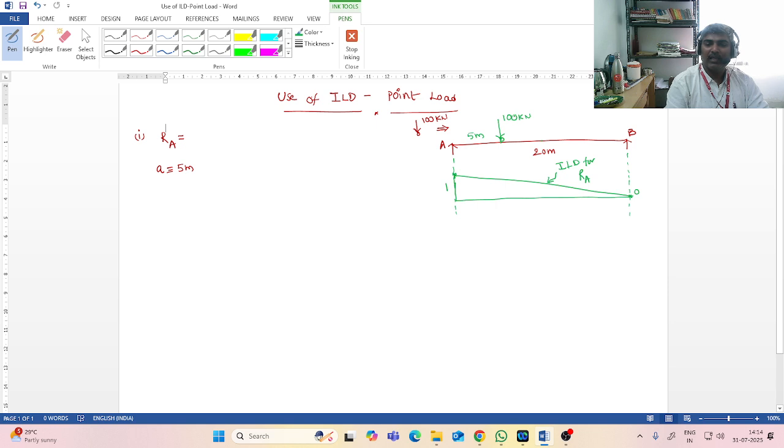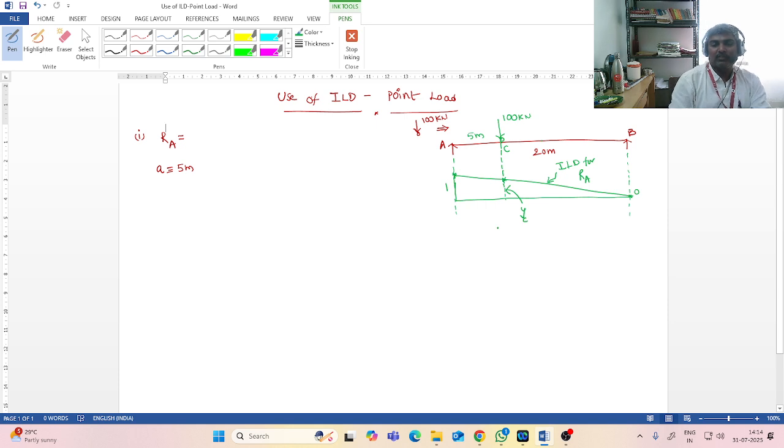Now I have a 100 kilonewton load moving like this, and my question is, when this 100 kilonewton load is at 5 meters, what is the reaction at A? This is my question. So what you need to do is drop the position of the load onto the ILD and find this ordinate value, let it be YC.